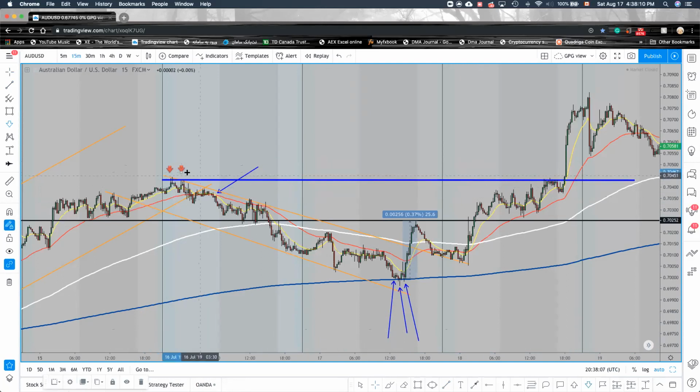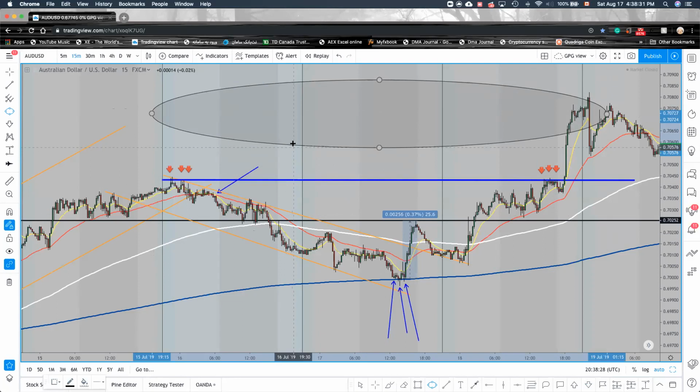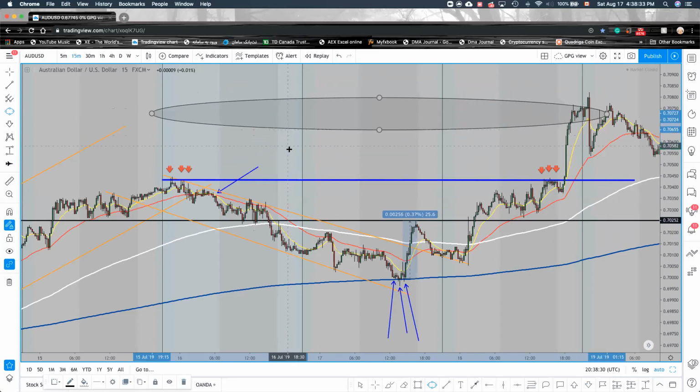Boom, boom, boom, and then boom, boom, boom. This is how retail traders draw the line, analyzing the market, drawing their Fibonacci. This boom boom is all good before the liquidity zone around here is all gone. This is the liquidity pool right here.